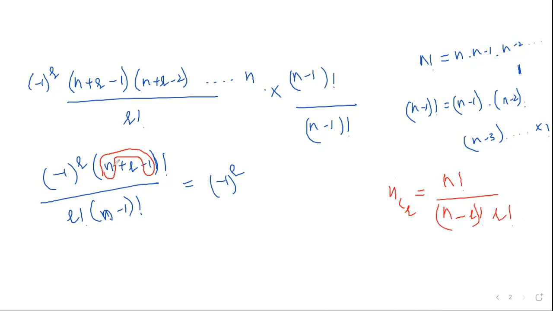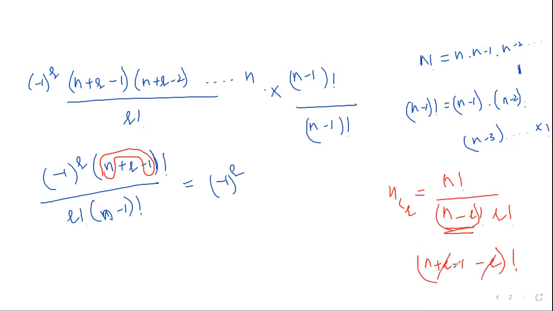Okay, so similarly if I am taking this n plus r minus 1 as one term, then we can take this formula: n plus r minus 1 factorial, then n minus r factorial, what will happen? n plus r minus 1 minus again r factorial.